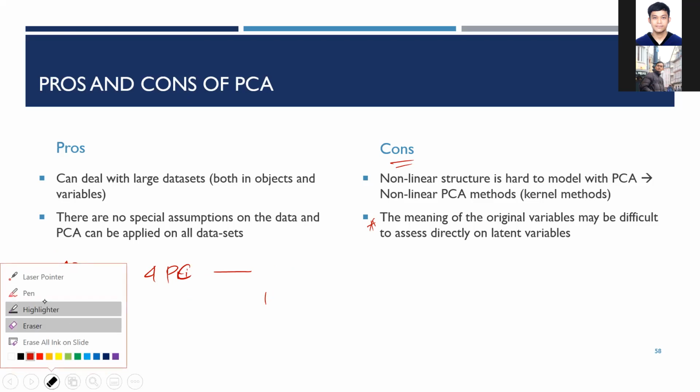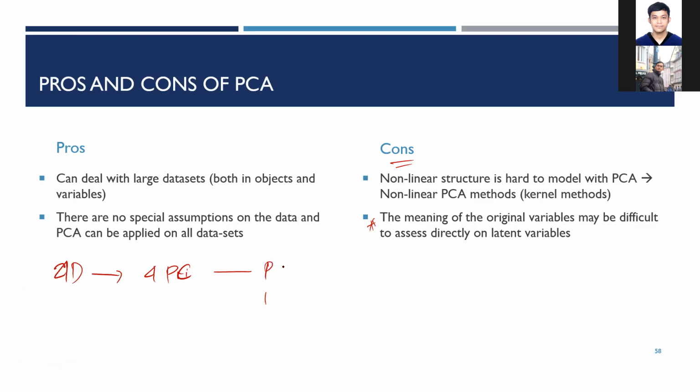Each principal component has a value: principal component 1, 2, 3, and 4. This value tells how big the variation of the data is that is represented by each principal component.